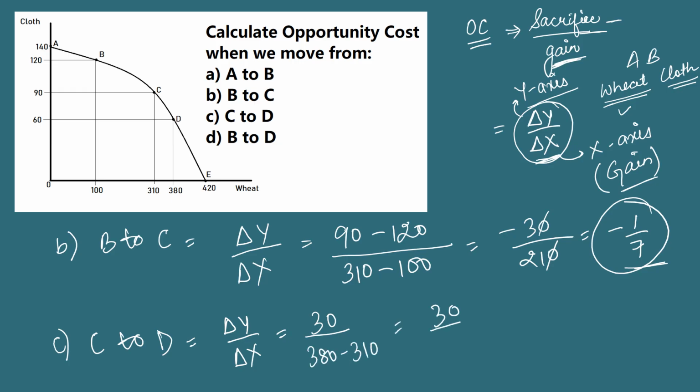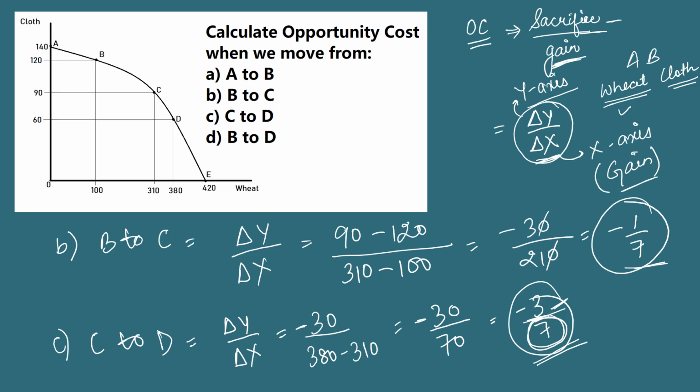So it would be 30 by 70, and here we are going from 90 to 60, that would be minus 30. So minus 3 by 7 would be your answer, your opportunity cost. It means to gain 7 units of wheat, the producer has to give up 3 units of cloth.